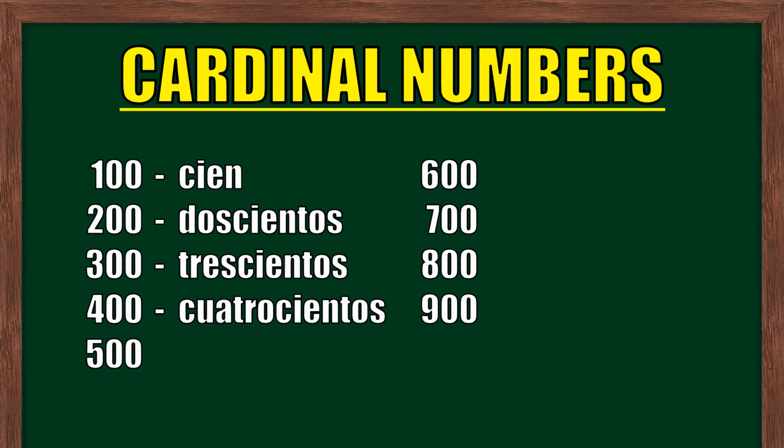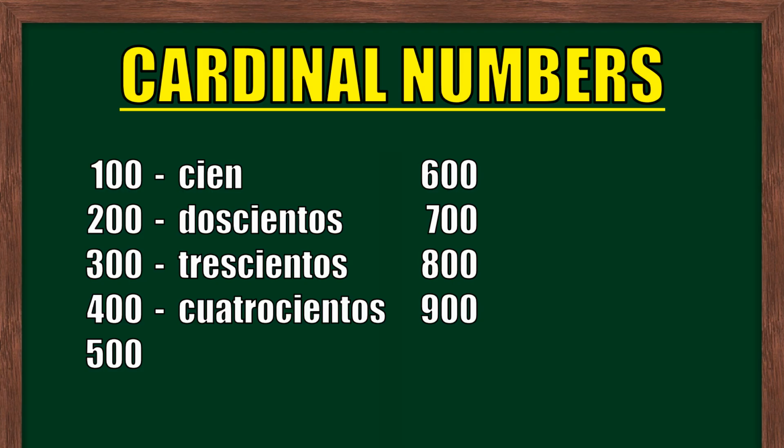In this case, once again, we make them one word. Now, I don't know if you noticed, when it's just 100, we say cien. We don't say ciento. But when it's more than 100, we say cientos.